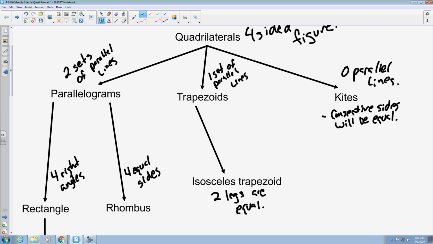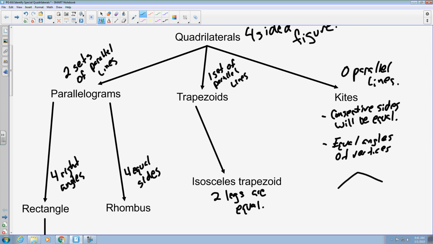And depending on what kind of example it is, we have to have equal angles at the vertices that are attached to sides that are not equal sides.